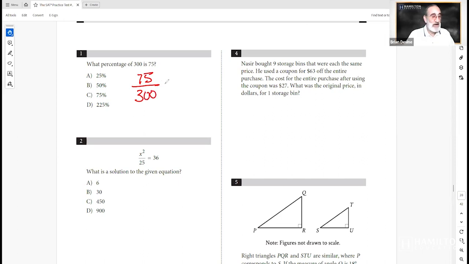I can put that in a calculator, or I can reduce that down. There's one 75, there's four 75s. So it's 1/4. And 1/4 as a decimal is 0.25, and as a percent, that'd be 25%, which is A. So A is your answer.